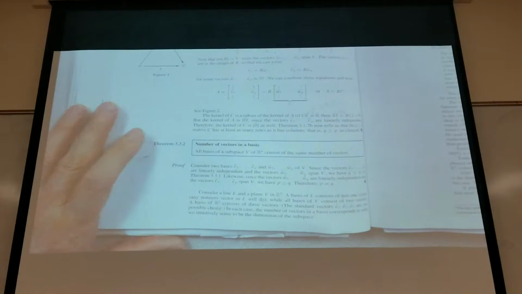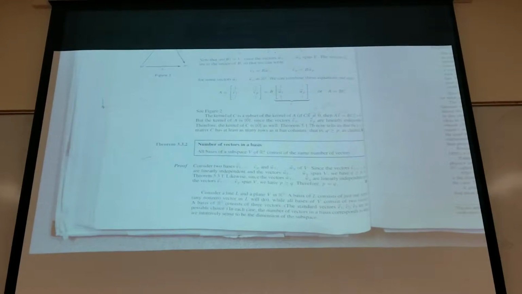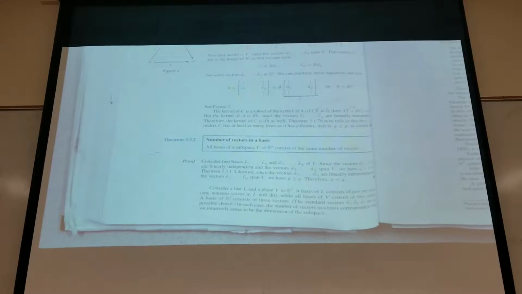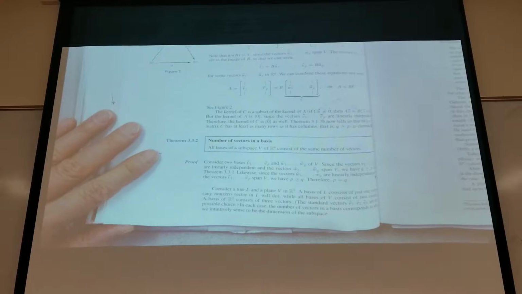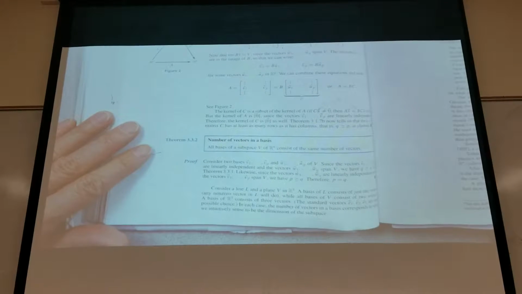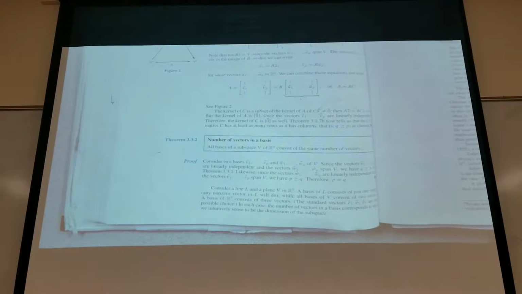How about the dimension? We already know what dimension is in R2, so dimension is 2. In R3, dimension is 3. But how about if I give you a subspace V in Rn or R3, R2, okay? What is the mathematical definition of the dimension?